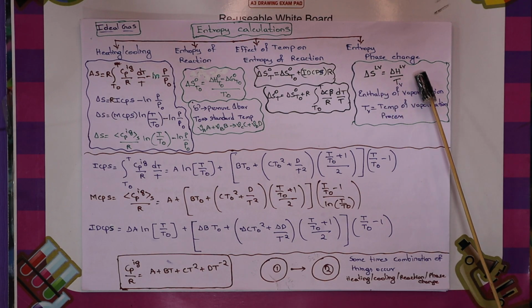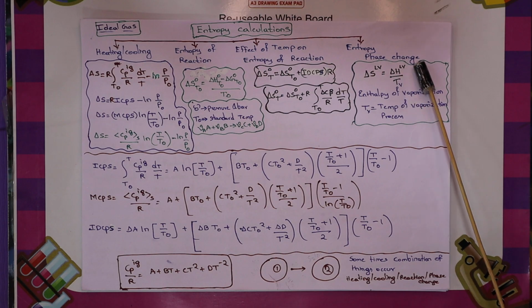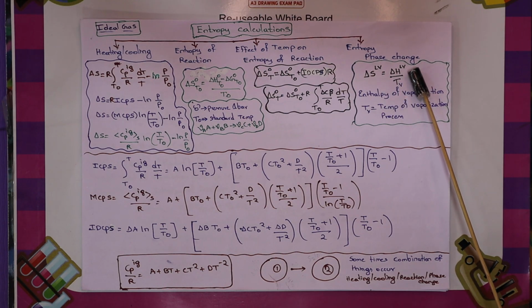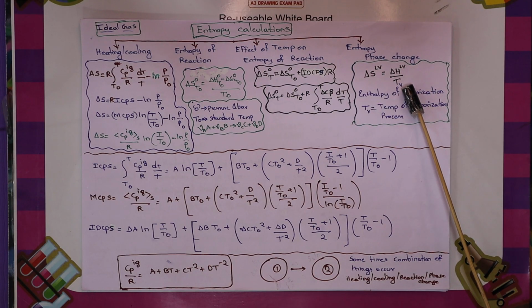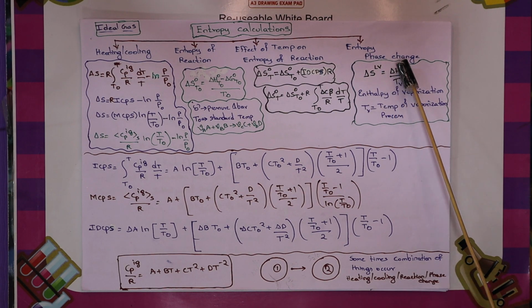Let us assume you are conducting the experiment at 1 atmospheric pressure, and whatever heat you supply to the water, it will get evaporated. That means you take the change in enthalpy from liquid to vapor divided by the temperature at which this energy has gone into the vaporization process. With these two pieces of information, you can calculate the change in entropy during the phase change process.